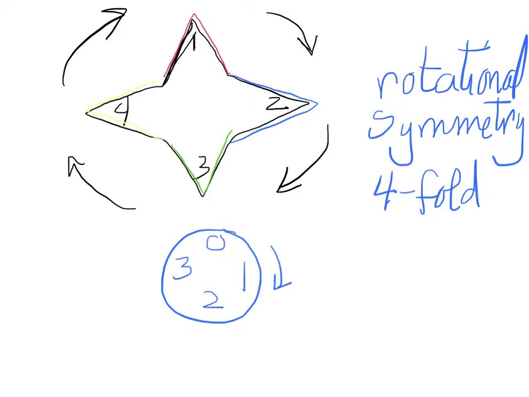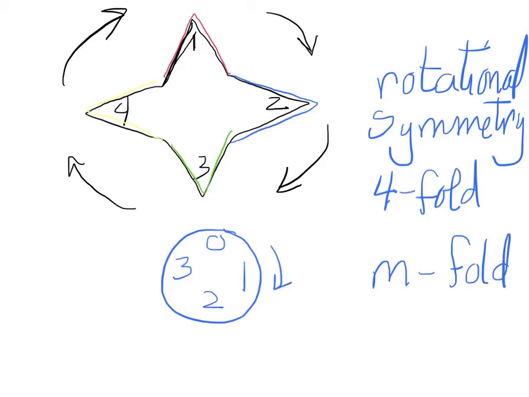If we'd had a 5-pointed star, or a light switch with 5 settings, it could be a 5-fold rotational symmetry, etc. And so we can talk about M-fold rotational symmetries.